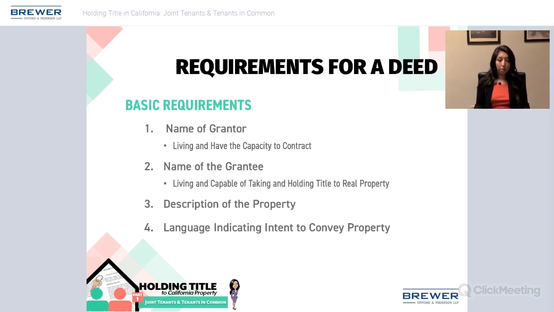Then we come to the third, which is the description of the property. So in my example, I provided John Doe grant deeds the real property to Jane Doe. Well, it just can't say the real property. It needs to say John Doe grants 123 Rainbow Avenue to Jane Doe, legal description attached as follows.